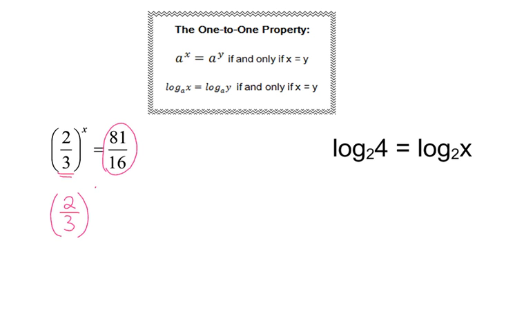So 2/3 to the x equals, well, how can I rewrite 81 over 16 as an exponential term with a base of 2/3? 2/3 to what power gives 81 over 16? Again, just by coincidence, we end up with negative 4. So since I have like bases, those drop out. I can set the exponents equal to each other. x equals negative 4.